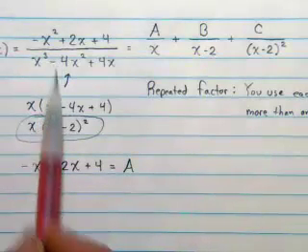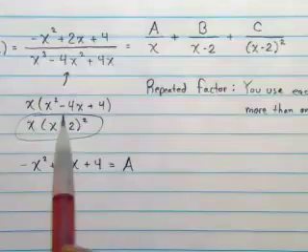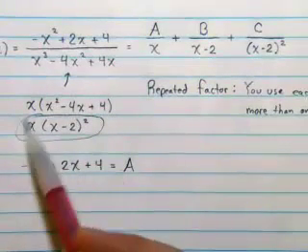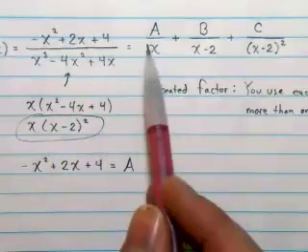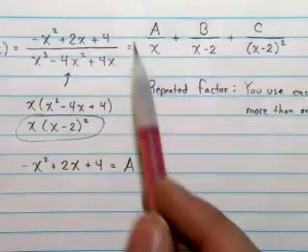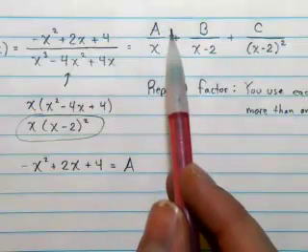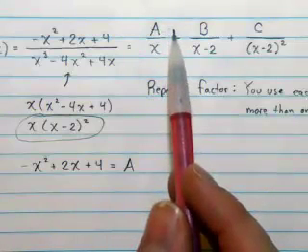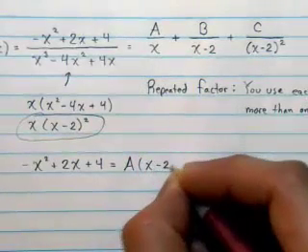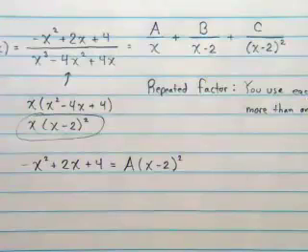So if I multiply this first fraction by this, it cancels the entire denominator. If I multiply this, x times x minus 2 squared, by this fraction, the x's cancel, right? What's left behind then? Does that make sense? A times x minus 2 squared for that term.